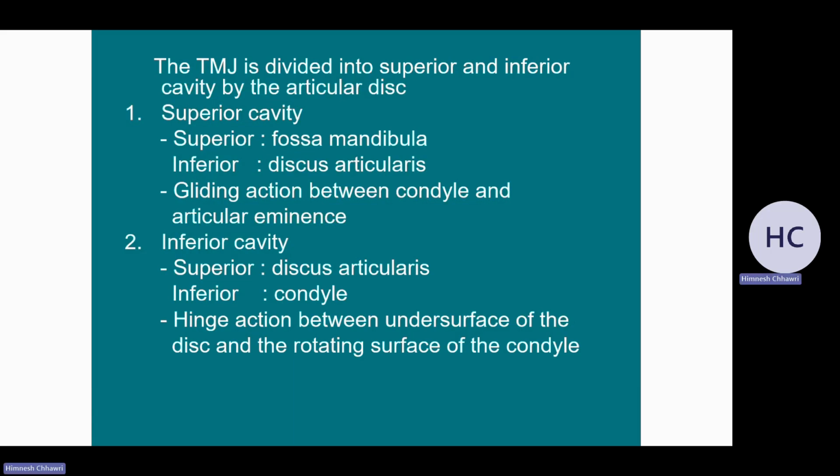Okay, so now the articular disc of the TMJ divides the joint into two parts: a superior cavity and an inferior cavity. The superior cavity is responsible for gliding movements, and the inferior is responsible for hinging movements. The way I remember it is that hinging is usually moving the jaw downwards, so the inferior component is responsible for hinging movement and the superior component for the gliding movement.